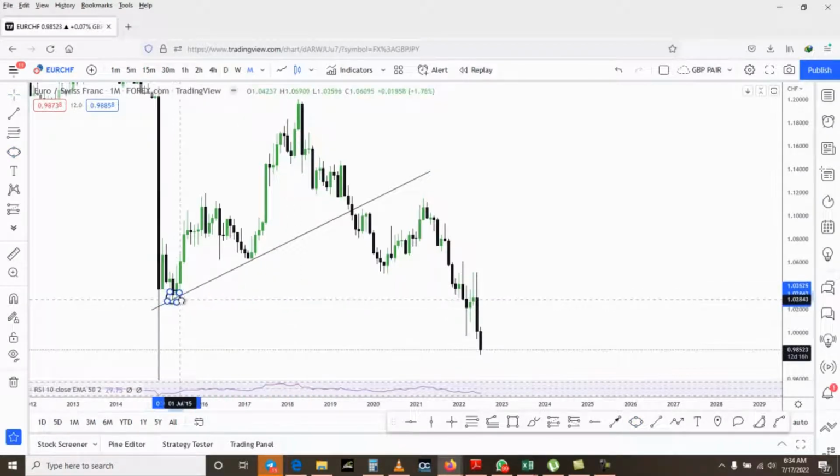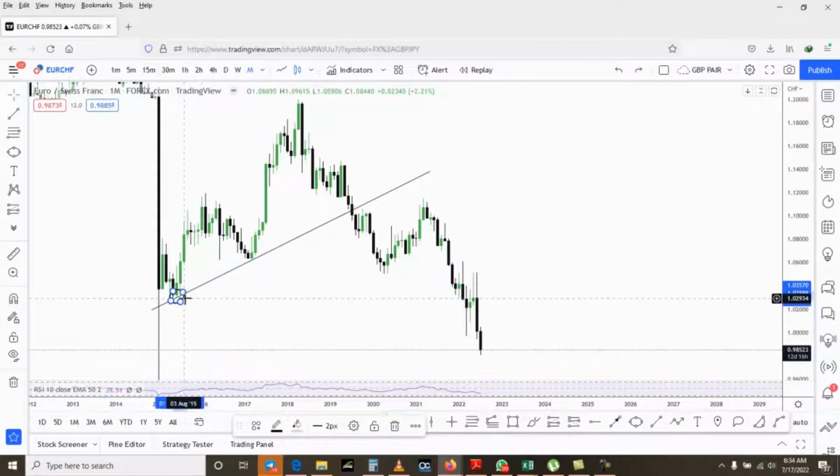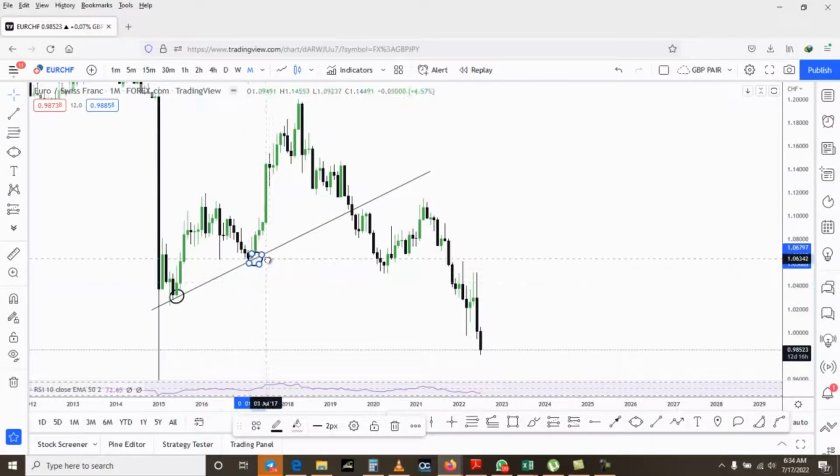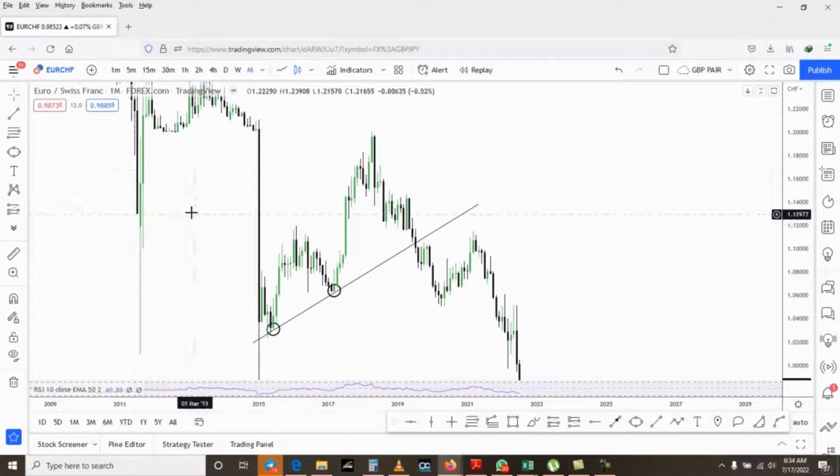So we have a bounce here. I have a bounce here. We have another bounce here. So price did this.